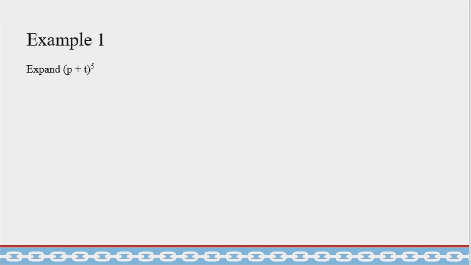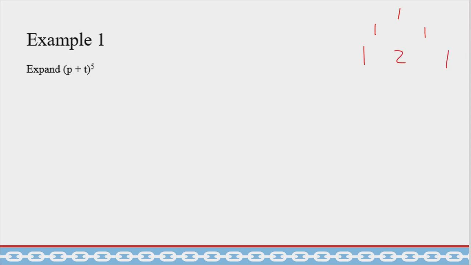So for example 1, we are being asked to expand p plus t to the 5th power. We could use Pascal's triangle to get our coefficients for this problem. We actually just built the 5th row, but it really does not take that much work to build out Pascal's triangle.